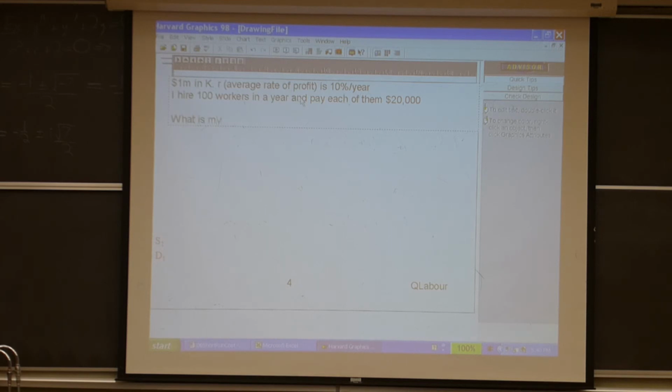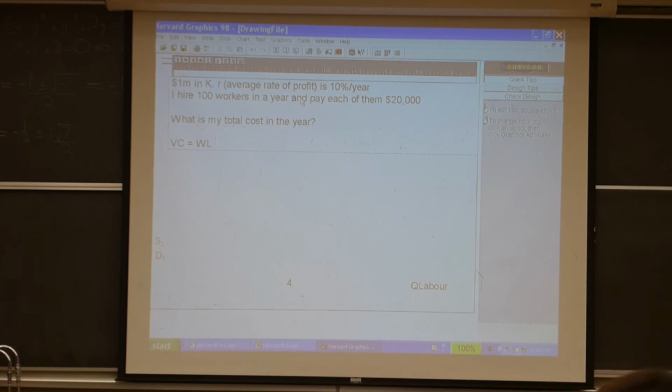What is my total cost in the year? Now, this is not a difficult question, although there's an issue here. Number one, the variable cost is the wage rate times the amount of labor. You agree?